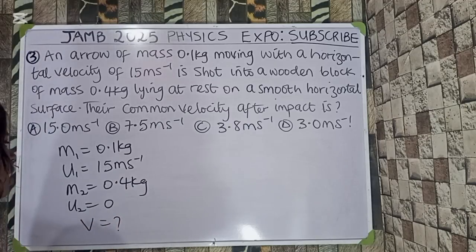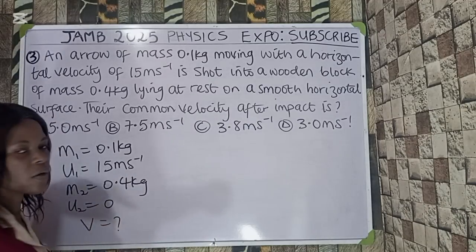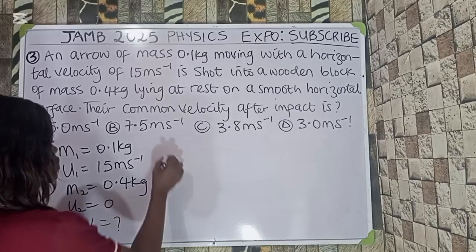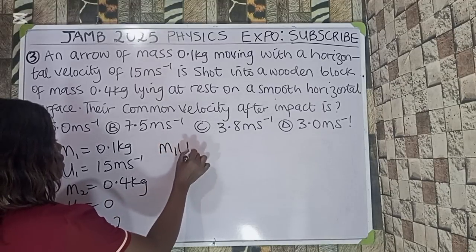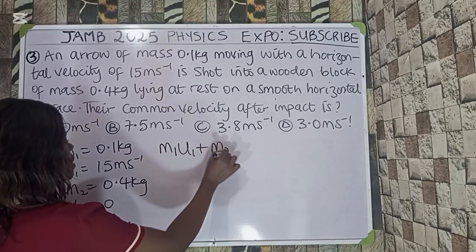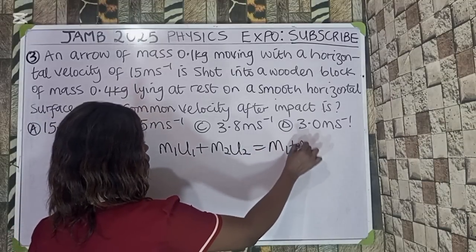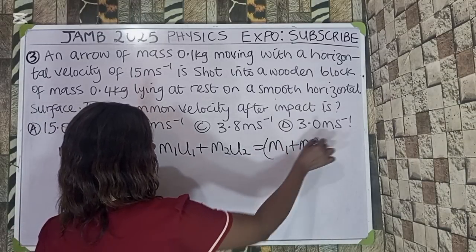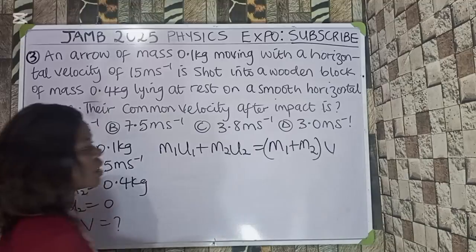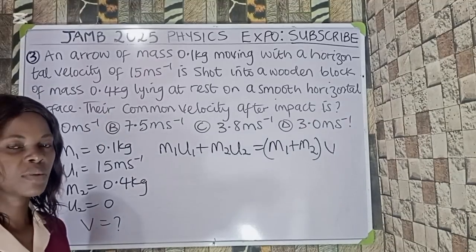Is that clear? Now, from the law of conservation of linear momentum, which is m1 u1 plus m2 u2 is equal to (m1 plus m2) V. Since you are looking for the common velocity, you are going to substitute.